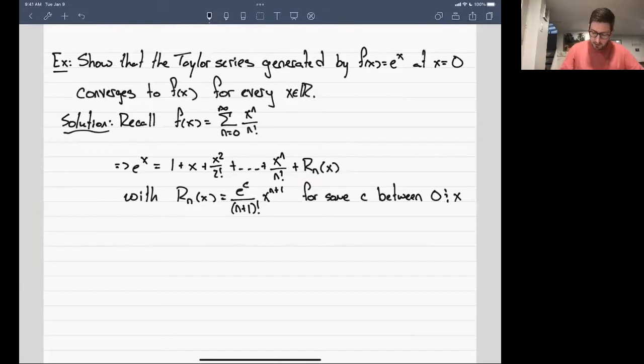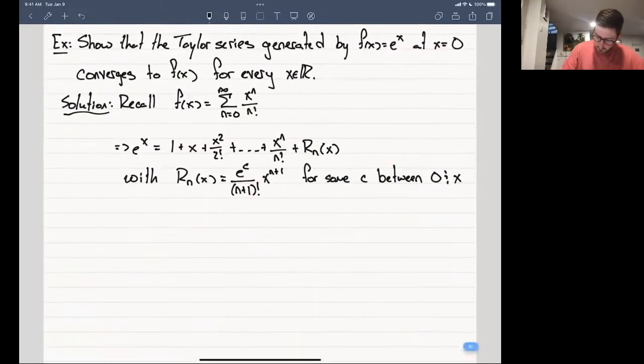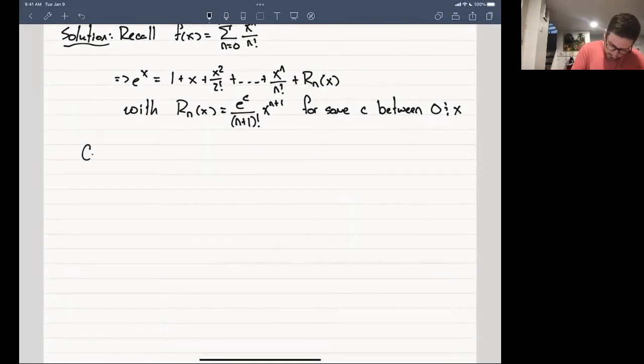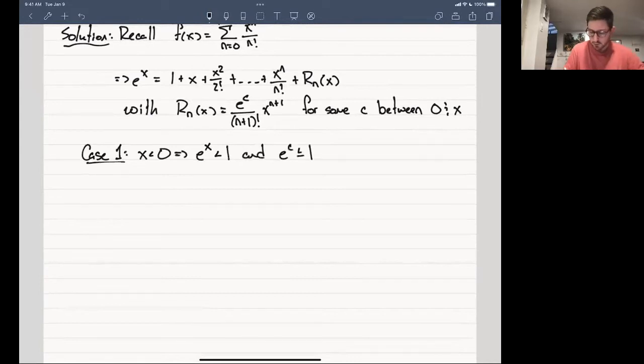Okay, so there's two cases. Let's do the first case first. So case 1, if x is less than 0, this implies that e to the x is less than 1, and also e to the c is less than or equal to 1 when c is between x and 0.